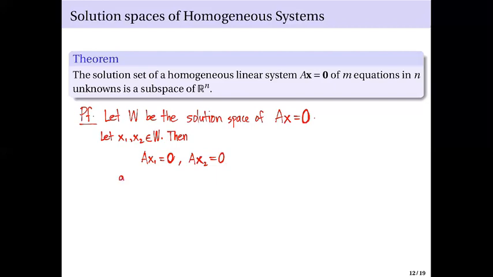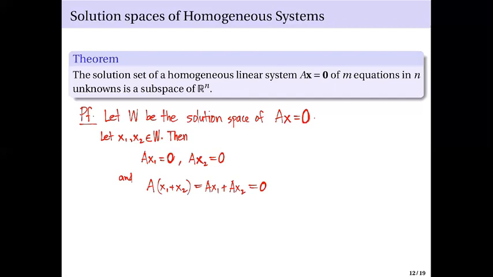And A(x1 plus x2) is equal to Ax1 plus Ax2. This is equal to 0 because you have Ax1 equals 0, Ax2 equals 0.